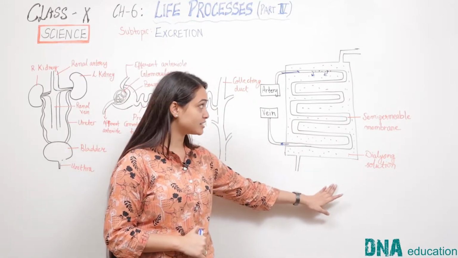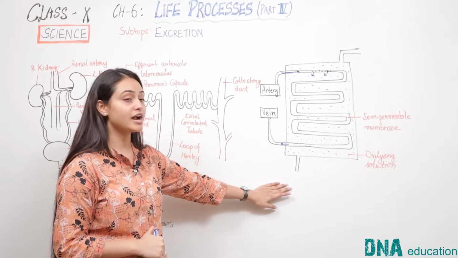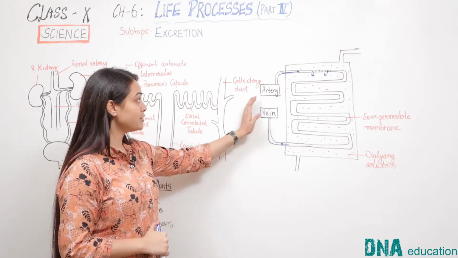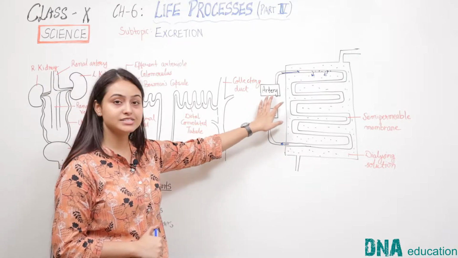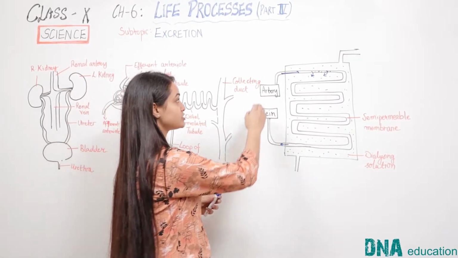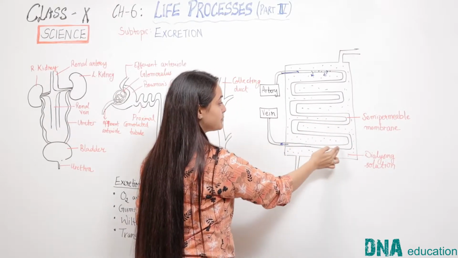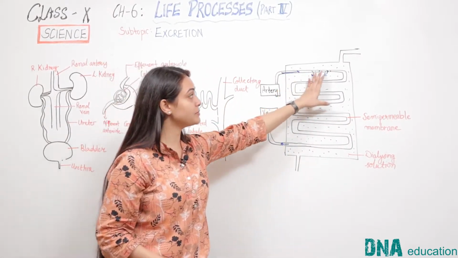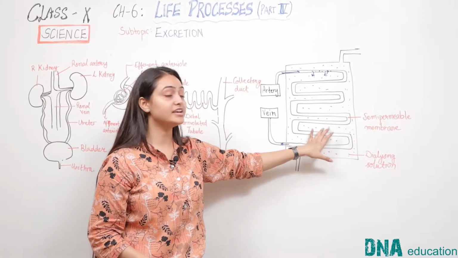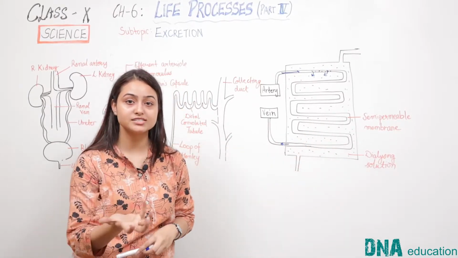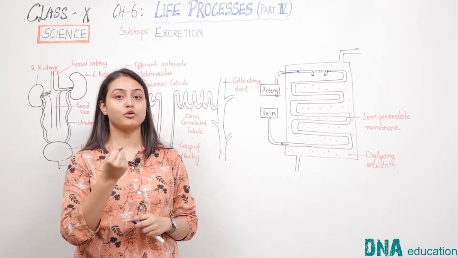This is a basic diagram depicting the structure of a dialysing machine. During dialysis, the patient's blood is taken from an artery and transported to the semi-permeable membrane. This semi-permeable membrane is required so that substances can be transported out of the blood.